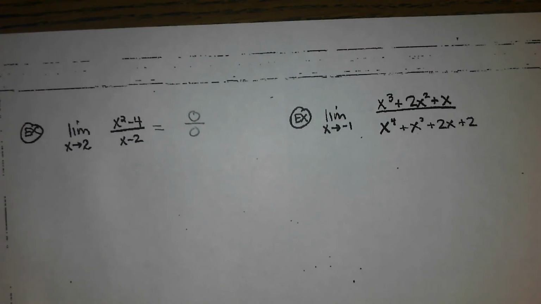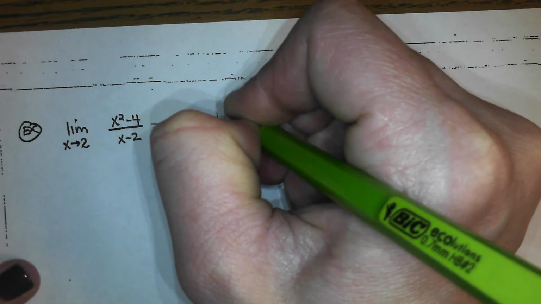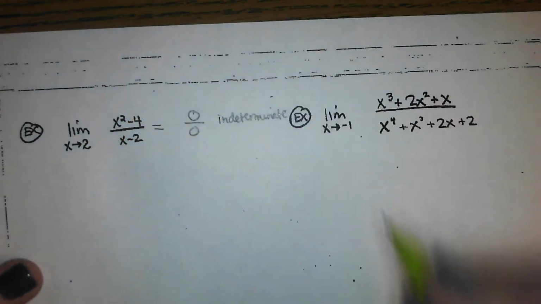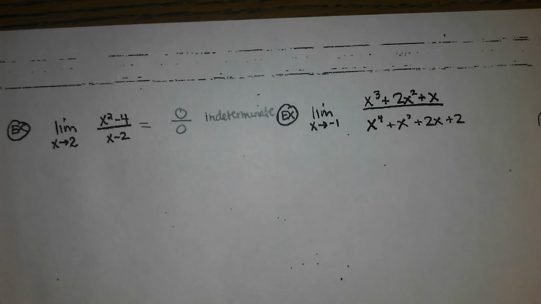This is one of many cases that is considered indeterminate, meaning you cannot determine, that doesn't have an undefined limit necessarily, right? 0 over 0 is an indeterminate case, which means using the method we just used, we don't know the limit yet. It might mean that the limit doesn't exist.